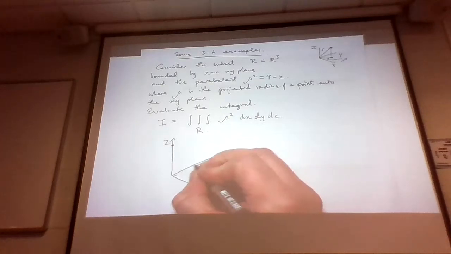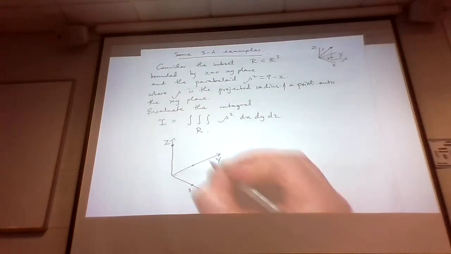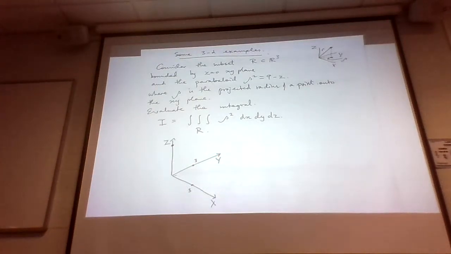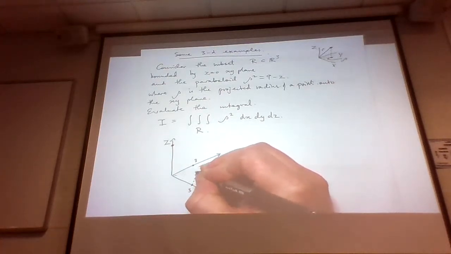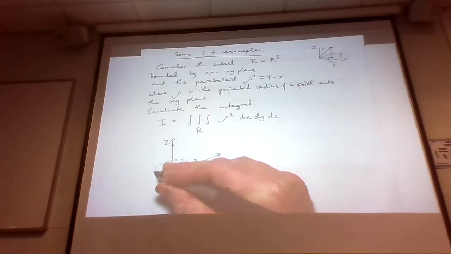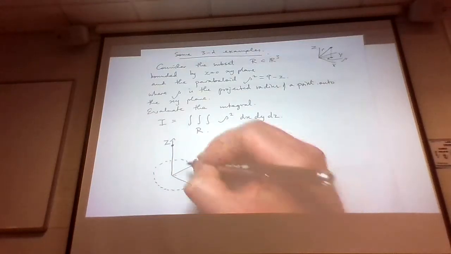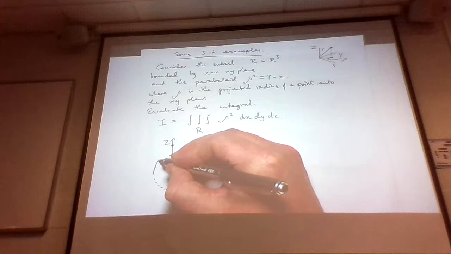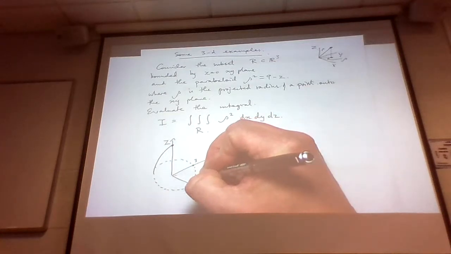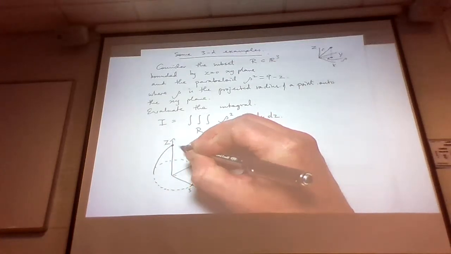So these points that are 3 on the x and y axes, we're going to have this circle in the bottom, the circle of radius 3 in the bottom plane. And then this paraboloid is just going to come up, and the square of the radius is going to decrease.